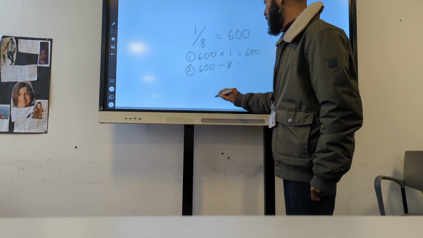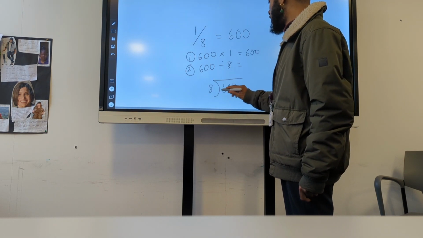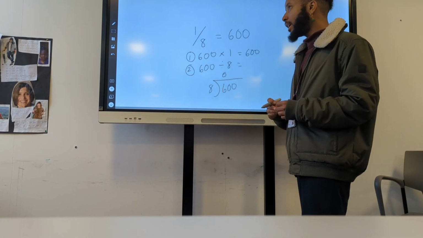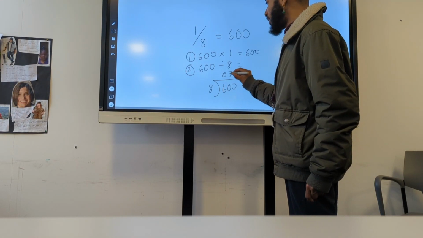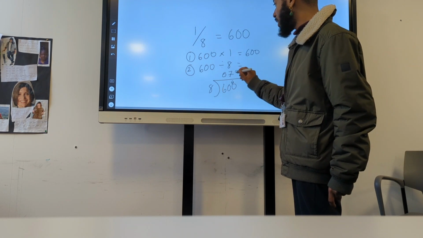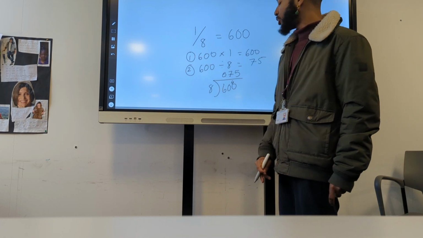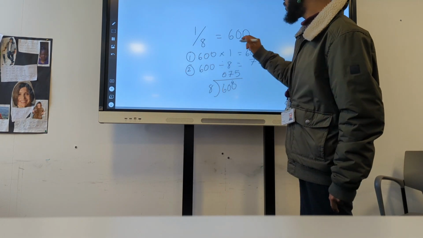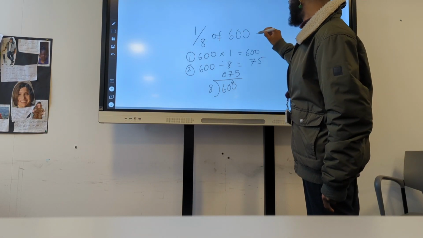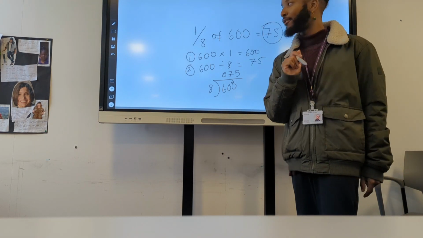That is 600 under the bus stop. 8 into 6 doesn't go, 8 into 60 is 7, 8 sevens are 56, remainder 4, so put that 4 there. 8 into 40 goes 5 times, so 600 divided by 8 should be 75. So 1/8 of 600 is 75.